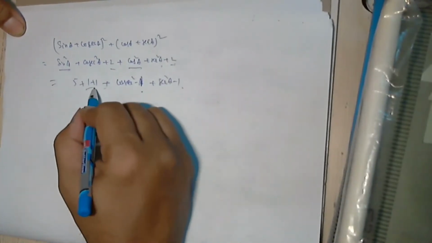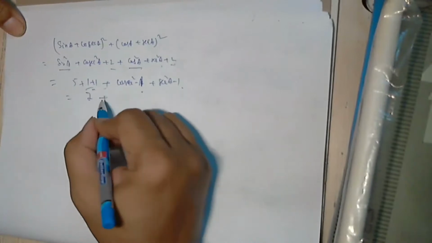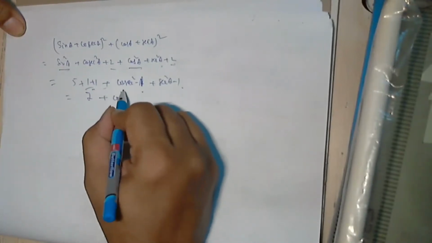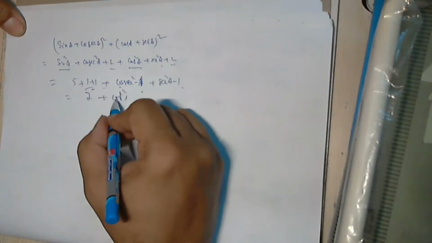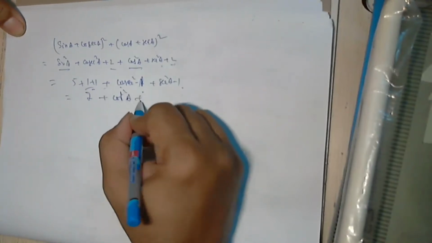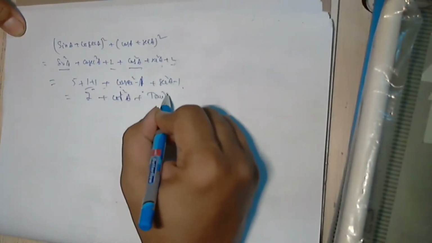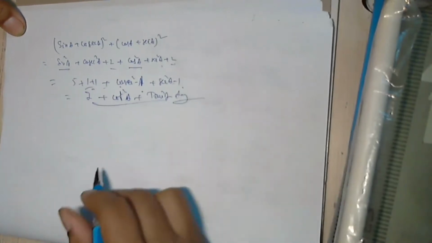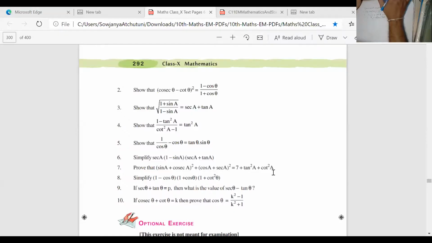So this becomes 7 plus cosecant square A minus 1 is cot square A. Secant square A minus 1 is tan square A. This is the answer. Okay, so we have proved this.